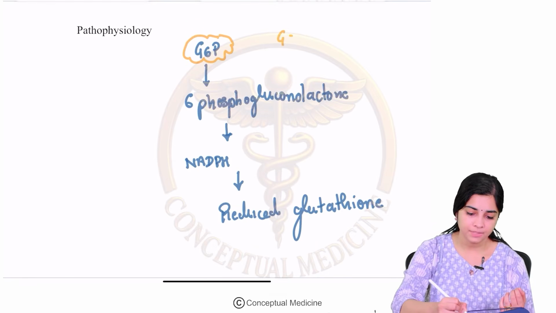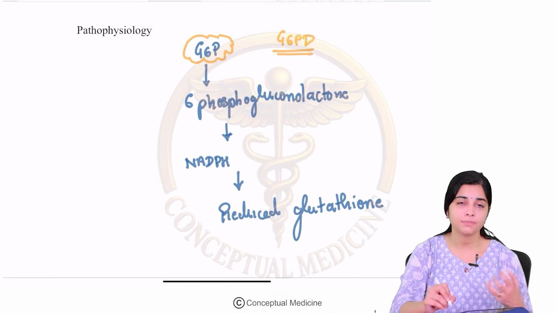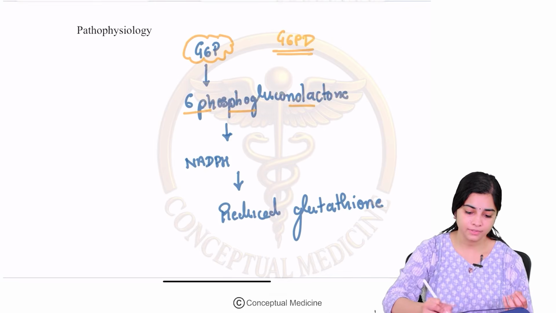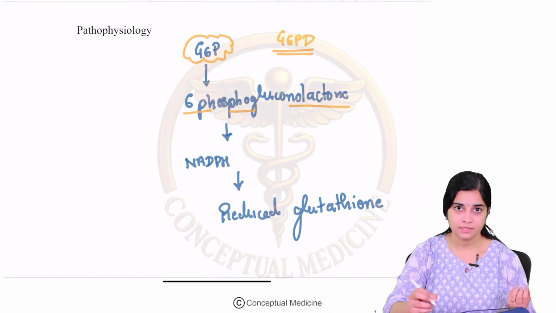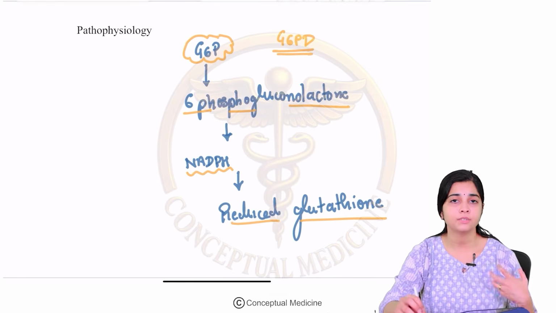So G6PD, glucose 6-phosphate dehydrogenase enzyme, is responsible for the conversion of glucose 6-phosphate to 6-phosphogluconolactone. Right? In this process, NADPH acts to convert glutathione into reduced glutathione. So reduced glutathione basically has protective effects on the RBC cytoskeleton.